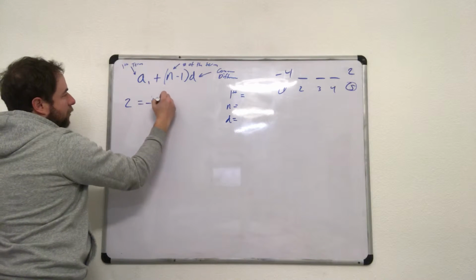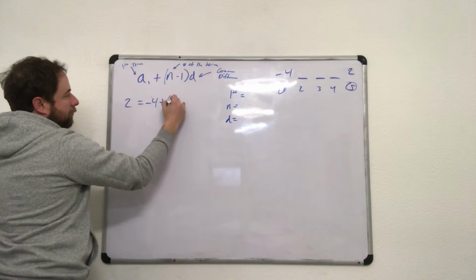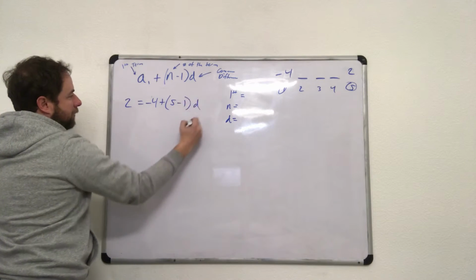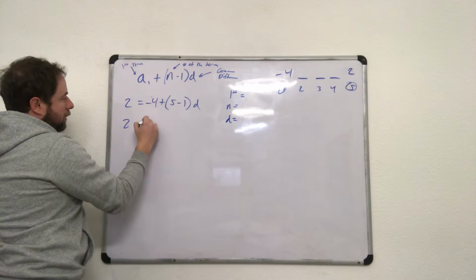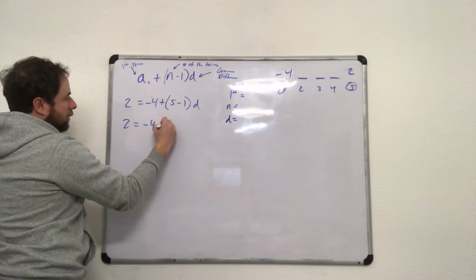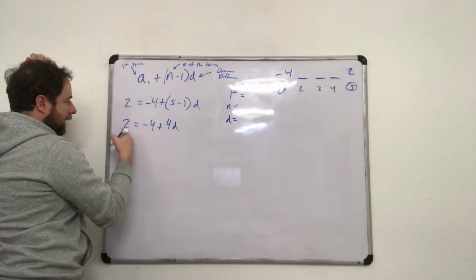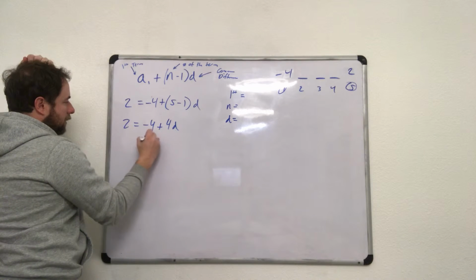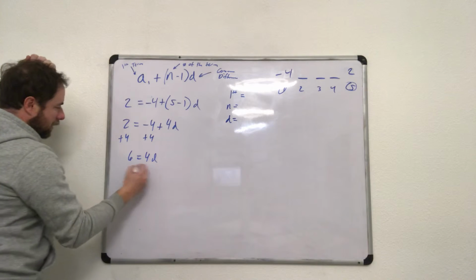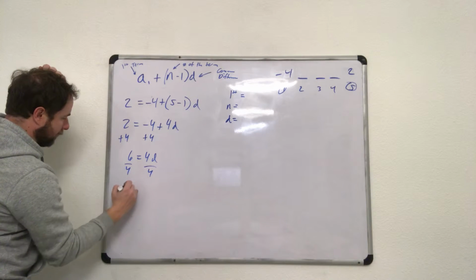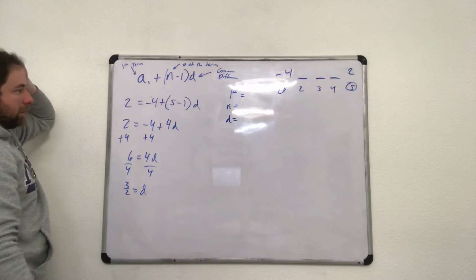A1 would be negative 4. What we're trying to find is the common difference. So 2 equals negative 4 plus 4 times D. Add 4 to both sides. You get 6 equals 4D. So divide by 4, divide by 4. So 3 halves is our common difference.